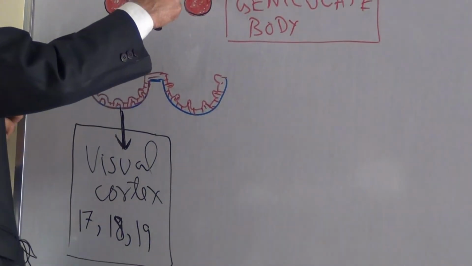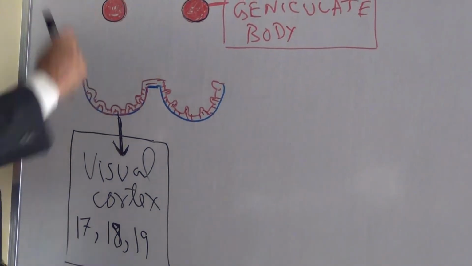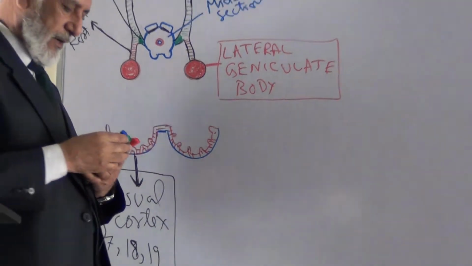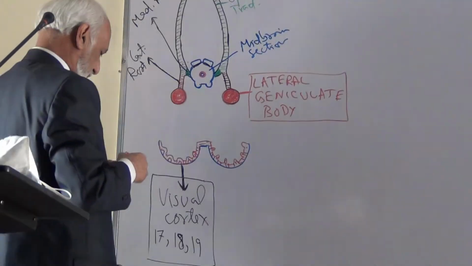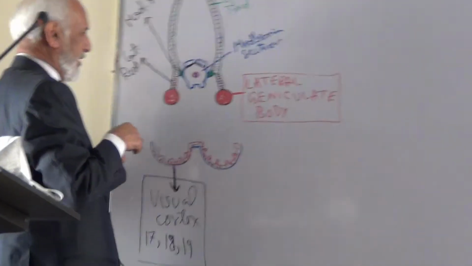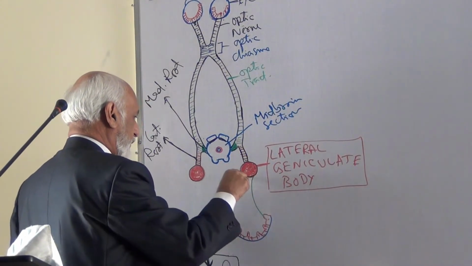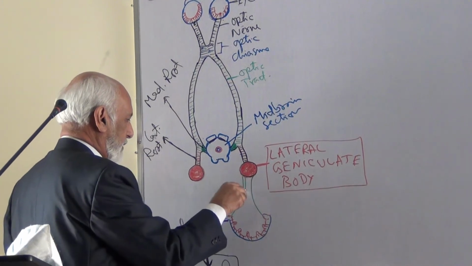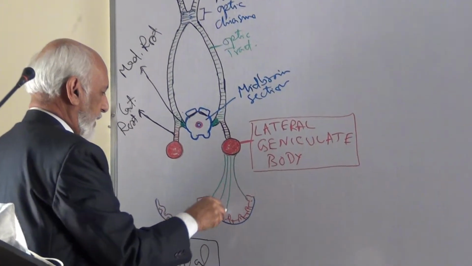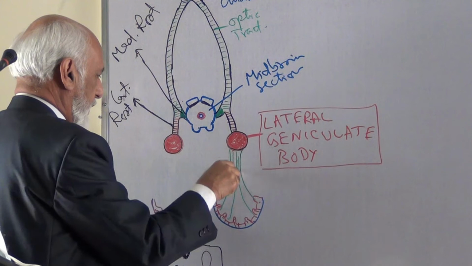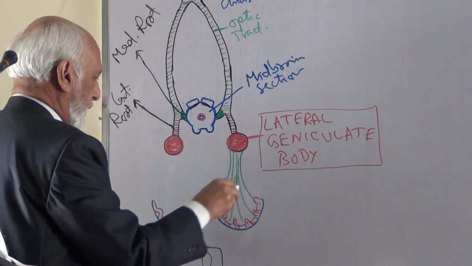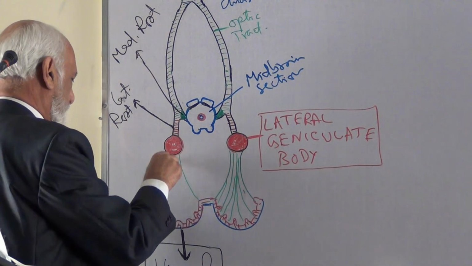So the lateral root of the optic tract enters the lateral geniculate body where its fibers relay, and from the lateral geniculate body the optic radiation arises, which ends in the visual cortex on each side.